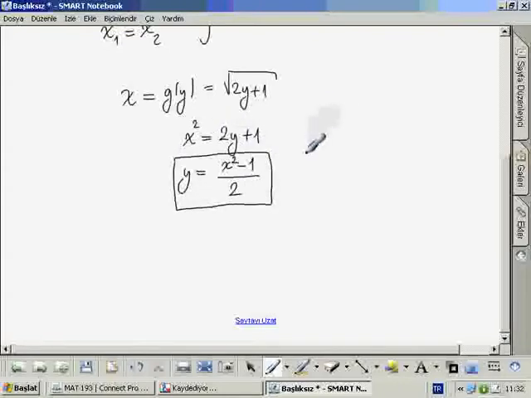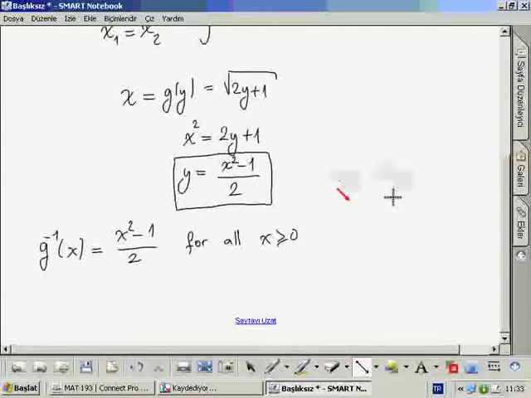Okay, and this is the inverse function, and we can say the inverse g function equals x squared minus 1 over 2, okay, for all x larger than or equal to 0.